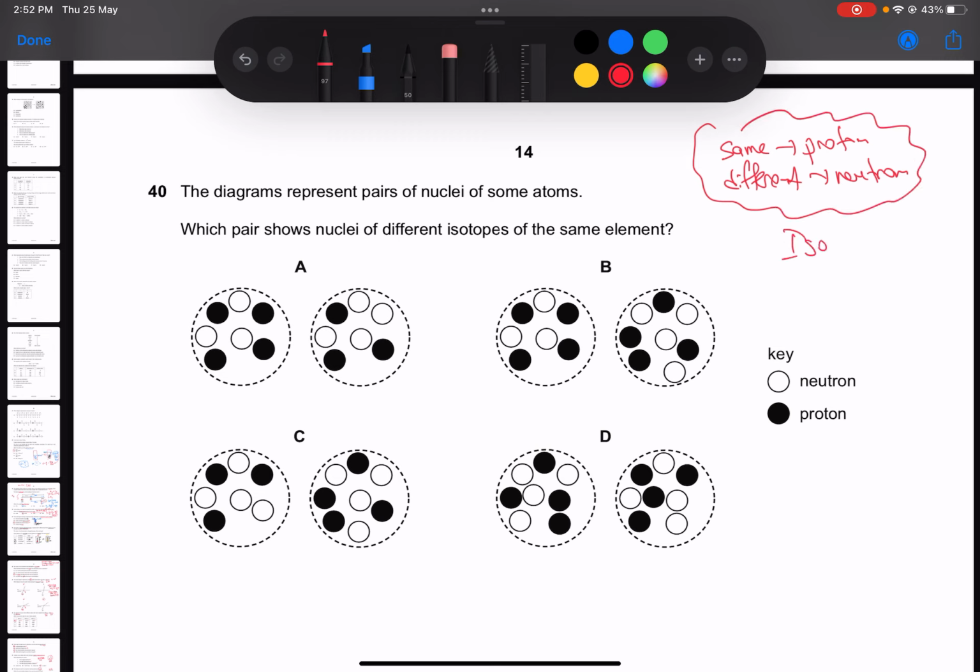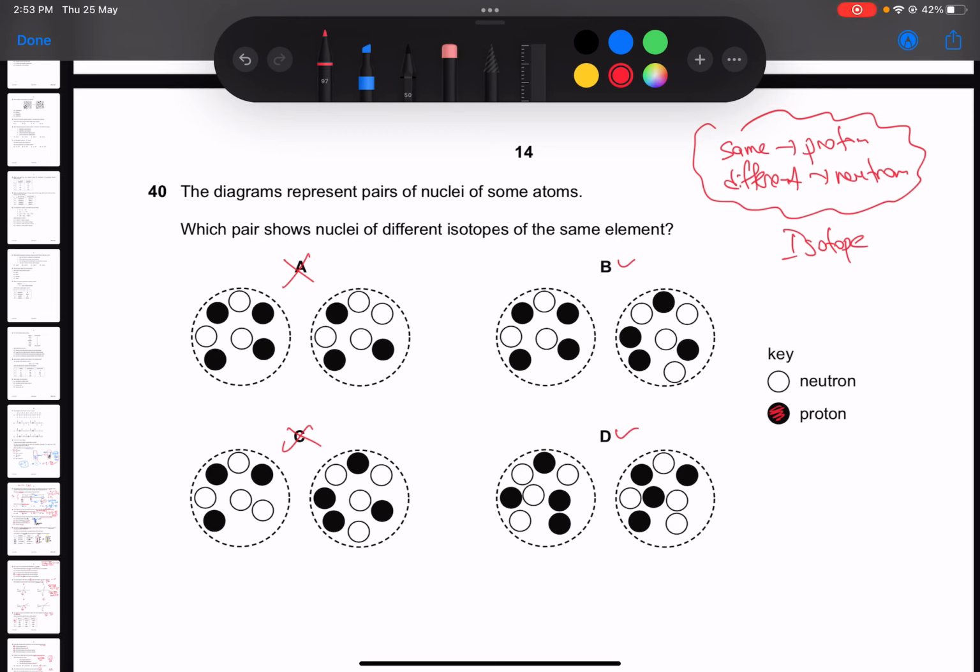Always remember. So which one is it? We are looking for, okay, dashed ones are going to be protons, empty ones are neutrons. So we are looking for the same proton first. A has different protons, definitely. B has the same proton. C is going to be different protons. D is going to be the same proton. Now, neutrons have to be different.